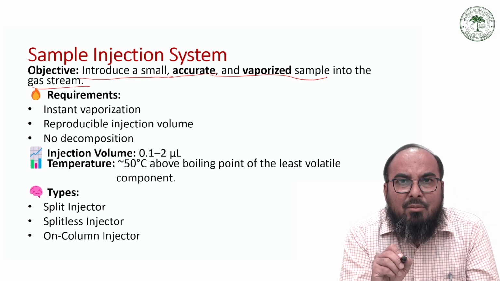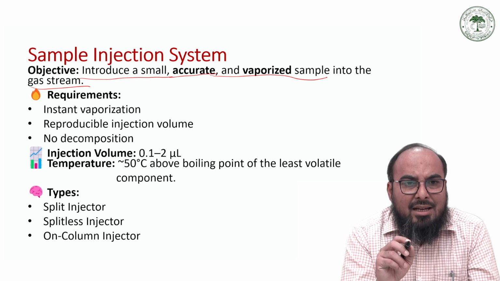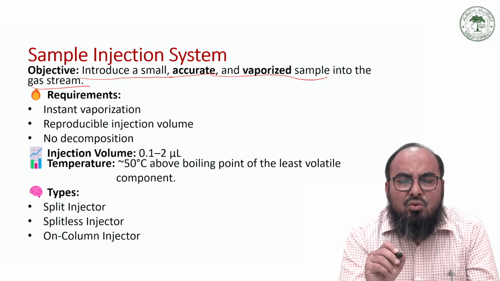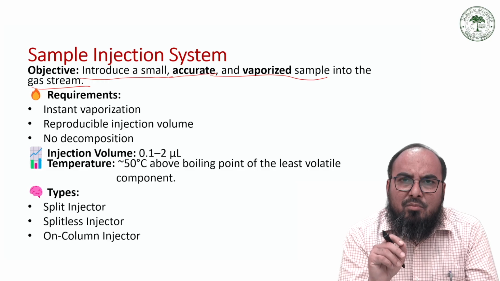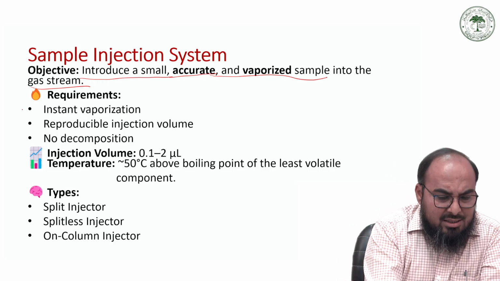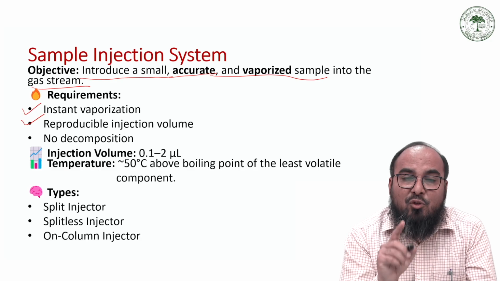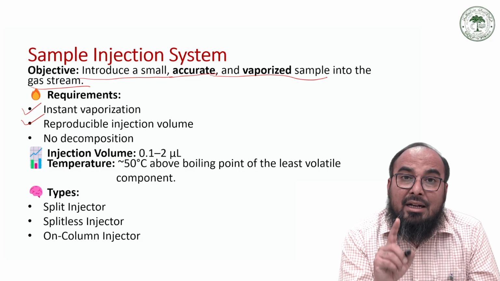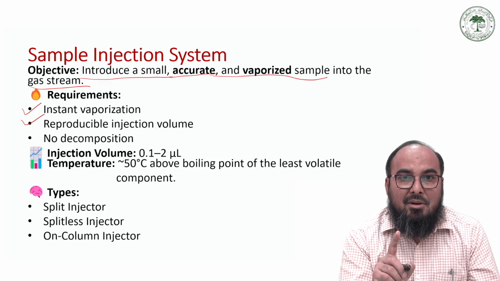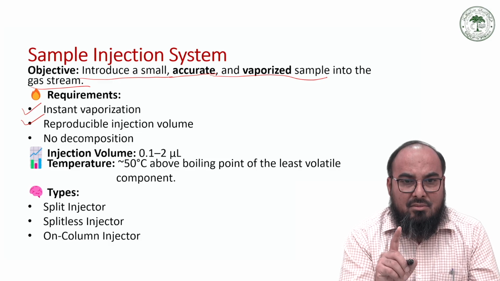So what are the requirements of your sample? The sample size must be uniform, it should vaporize instantly, and you should use reproducible injection volumes, making sure each time you use the same volume. Your vaporized sample must not decompose at the operating temperature of the sample injection system.